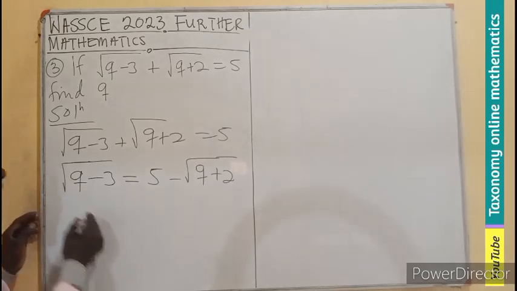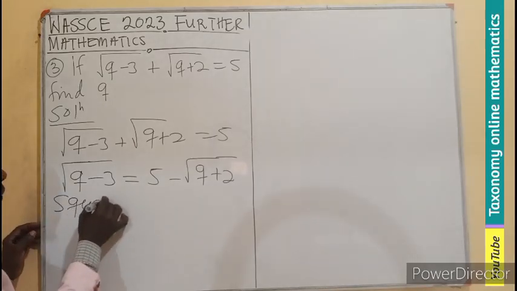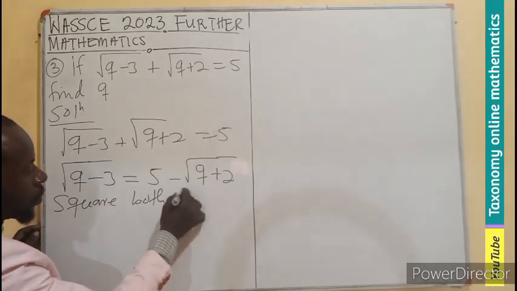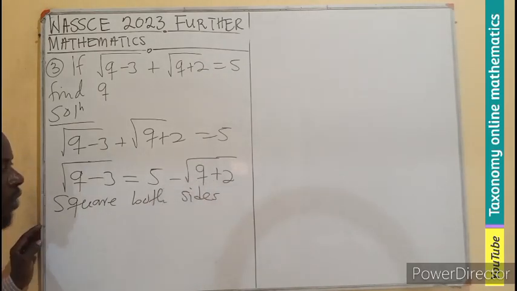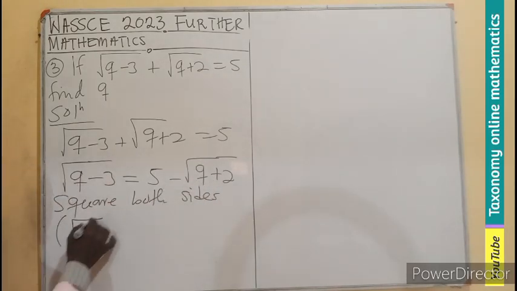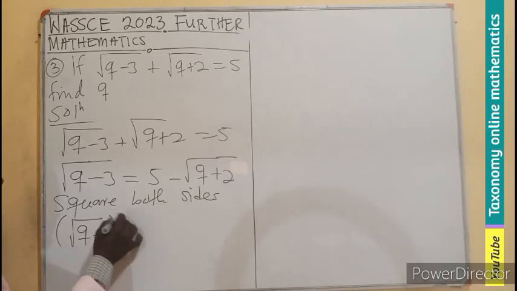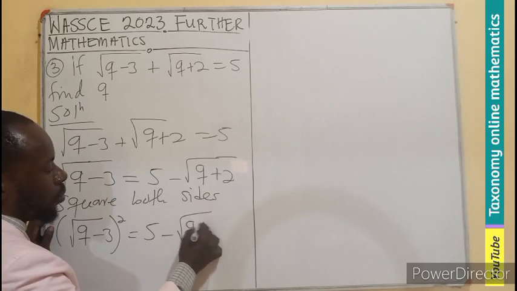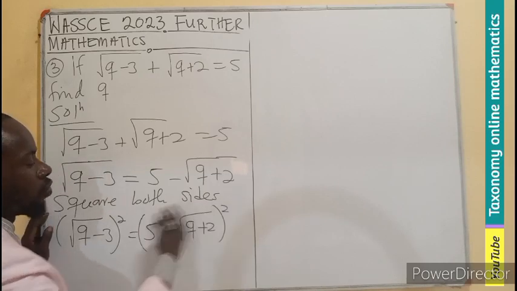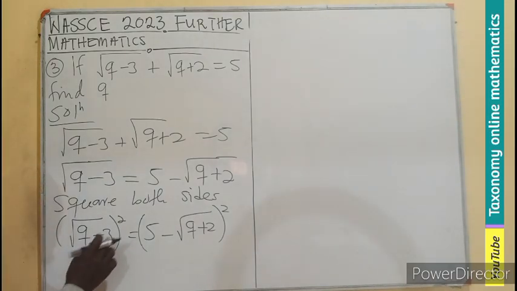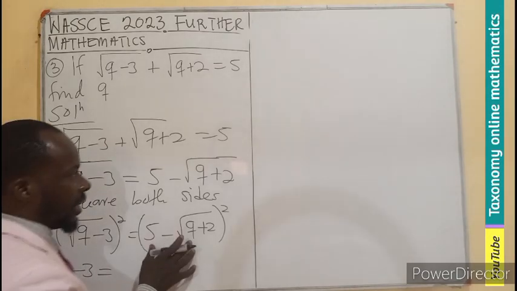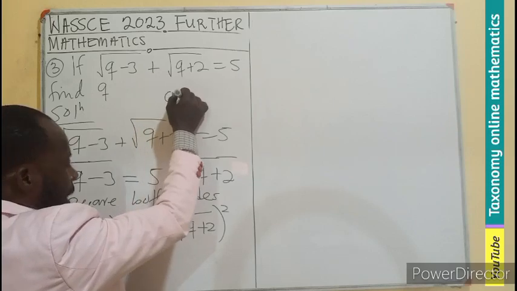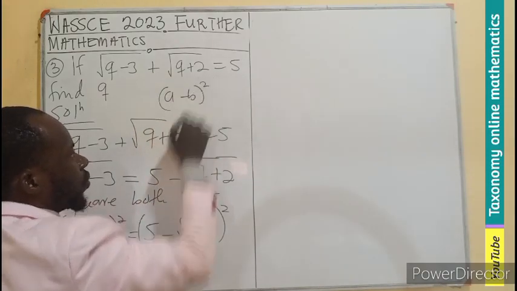Now if you square both sides, it's going to be the root of q minus 3 all squared equals 5 minus the root of q plus 2 all squared. The square will cancel the square root, so you'll be left with only q minus 3 equals, this is in the form a minus b all squared.